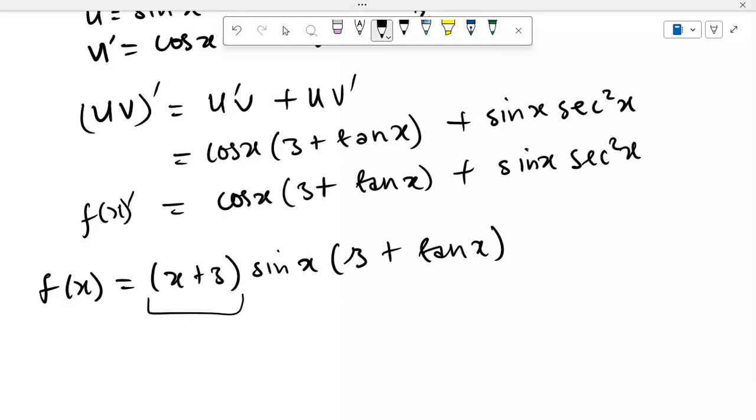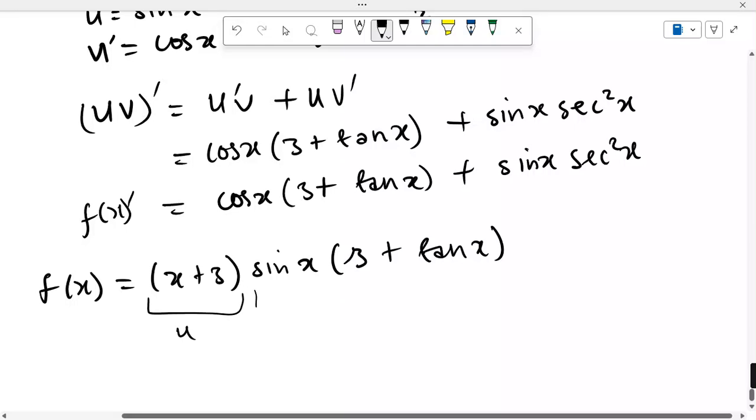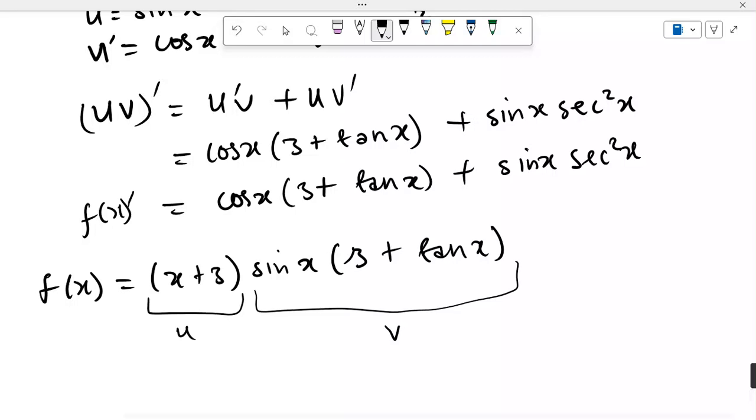So we say this is u, and this whole part is v. So what we were doing, we were finding v prime because we were differentiating this part.